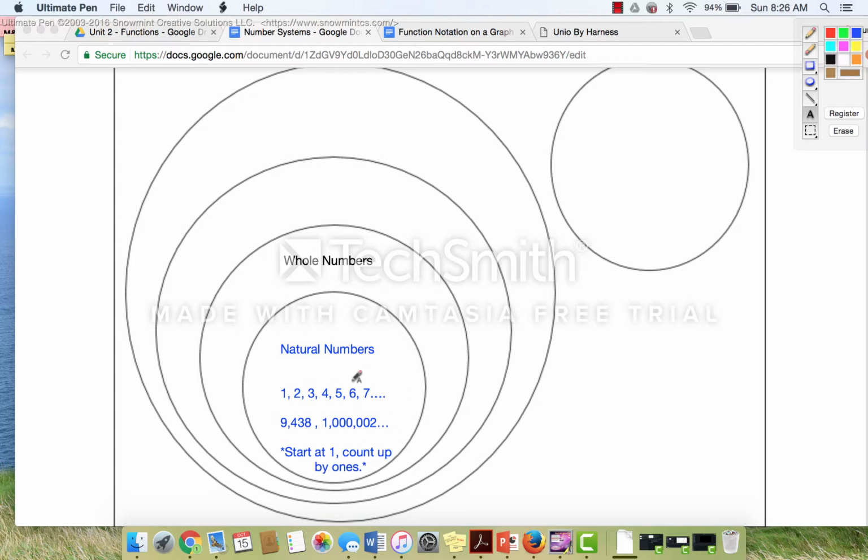So 1, 2, 3, 4, 9,438, 1,000,002. And literally the only number it adds in is 0. All right. So we'd have 0, 1, 2, 3, 4, 439, 9,235. The key with the whole numbers is just that 0 is added in now.